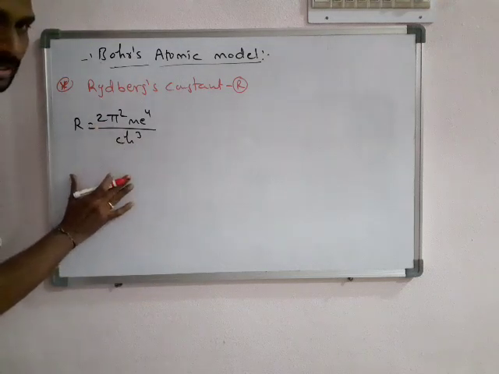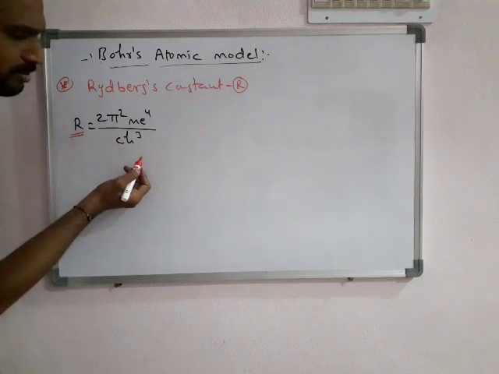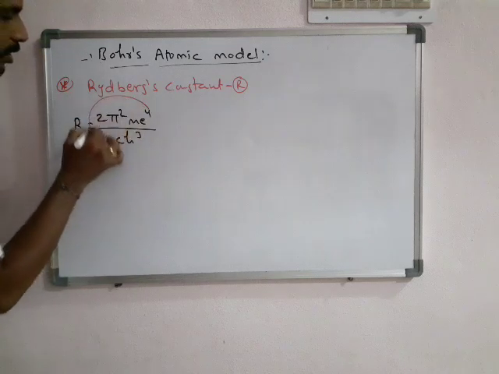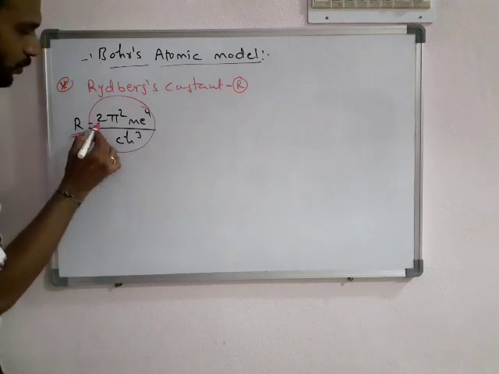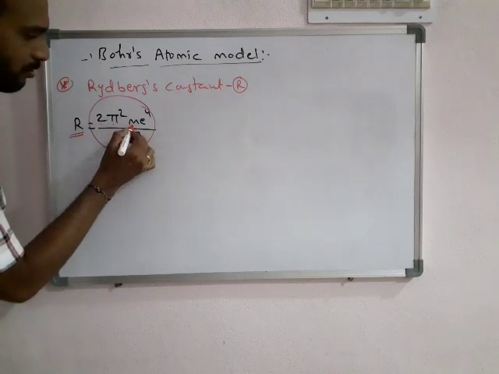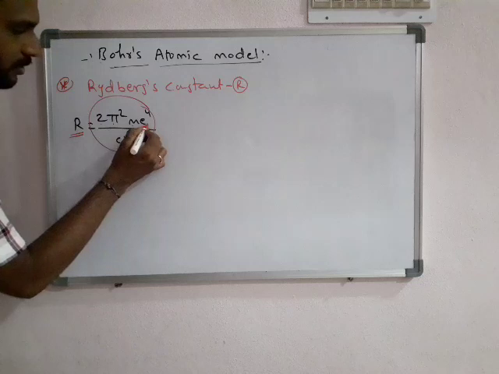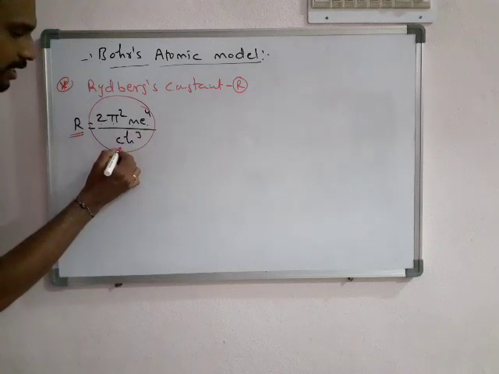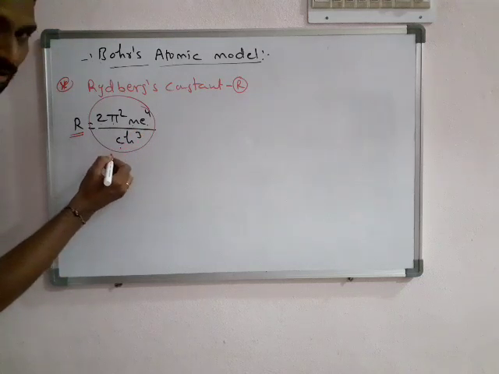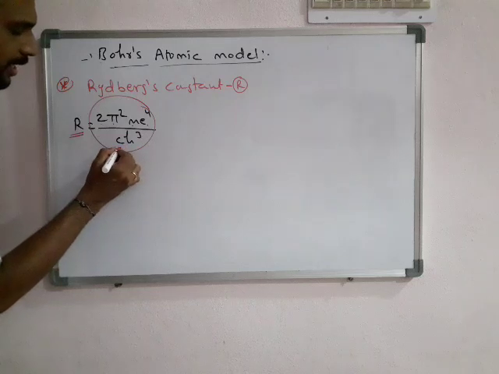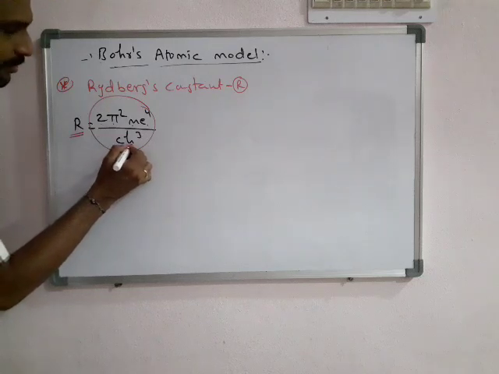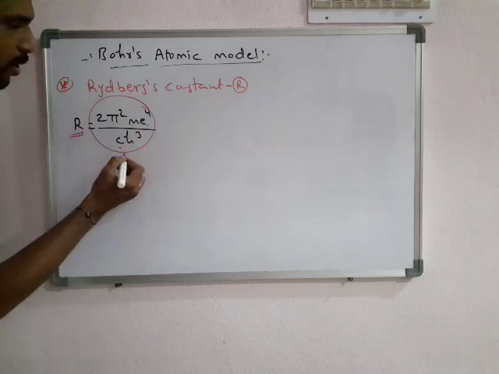Here all are constants, because R is a constant, all these values must be constant: 2, pi, mass of electron, charge of electron, c, the speed of light, and h, which means Planck's constant.